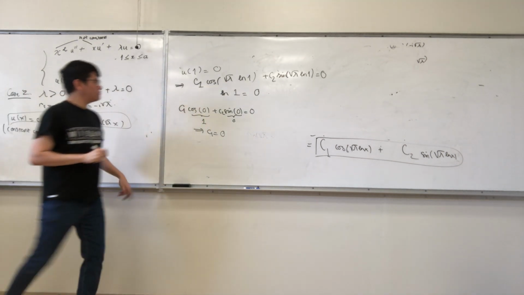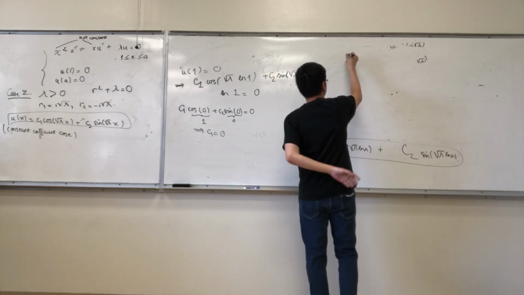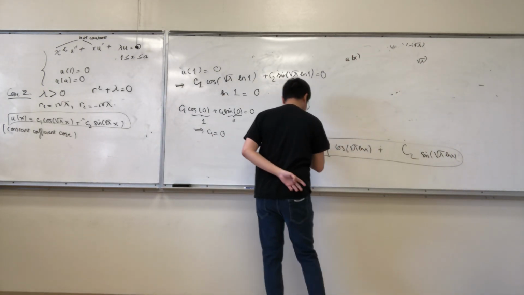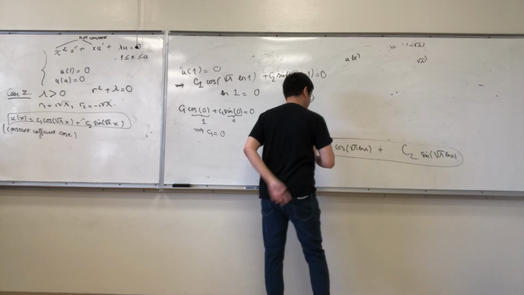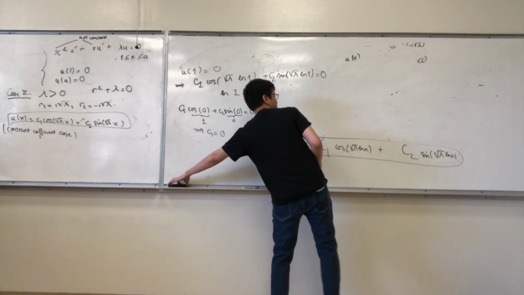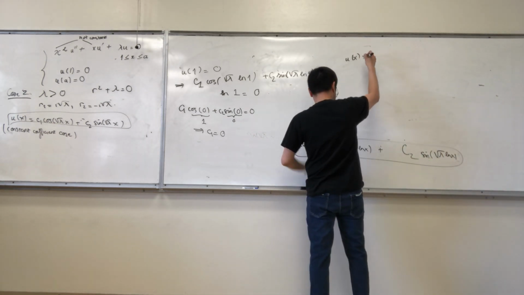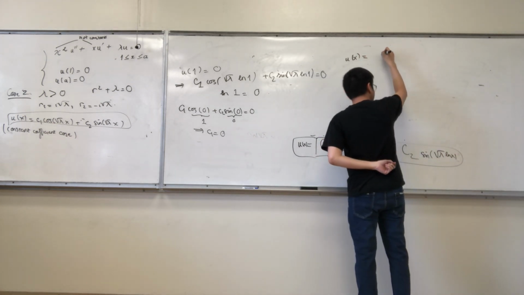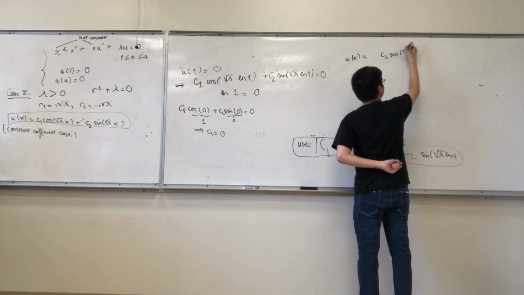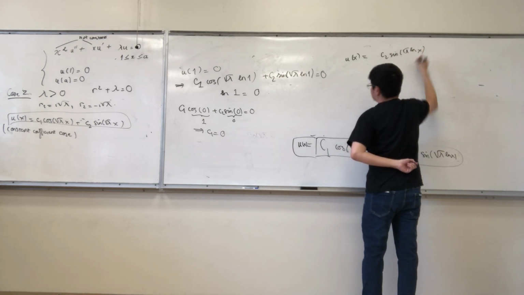You replace c1 by 0, and u(x) will be c2 sine of square root lambda log x.